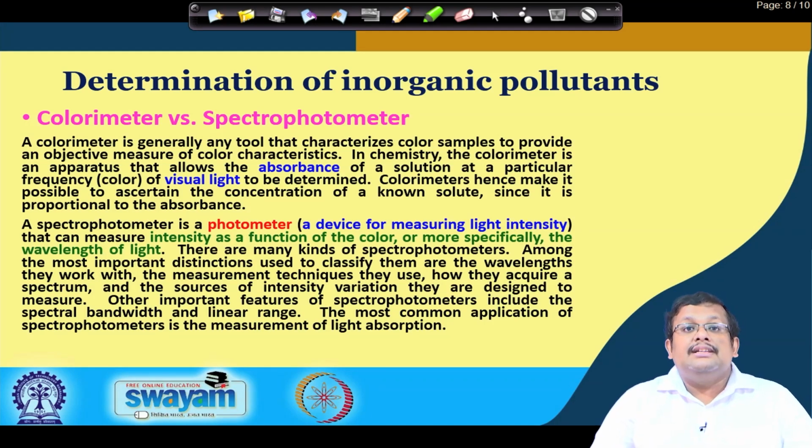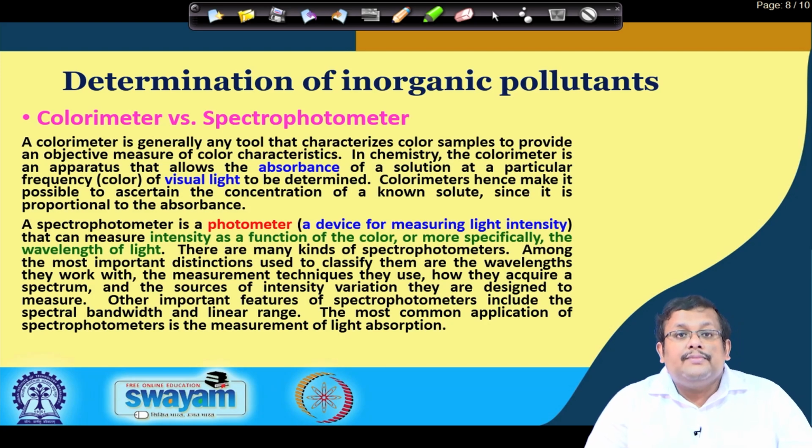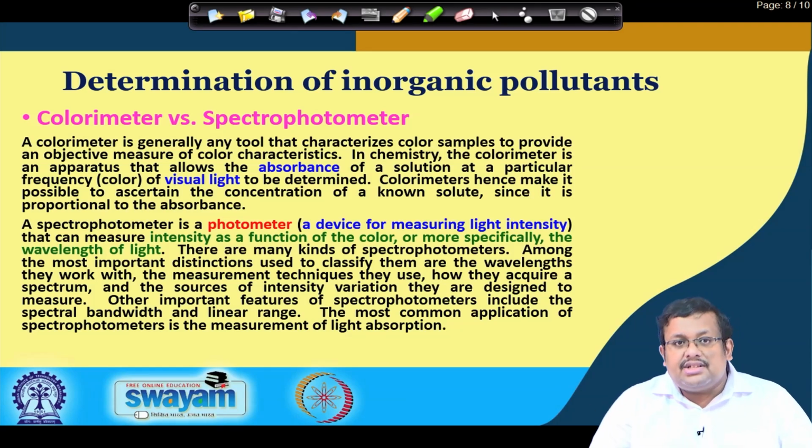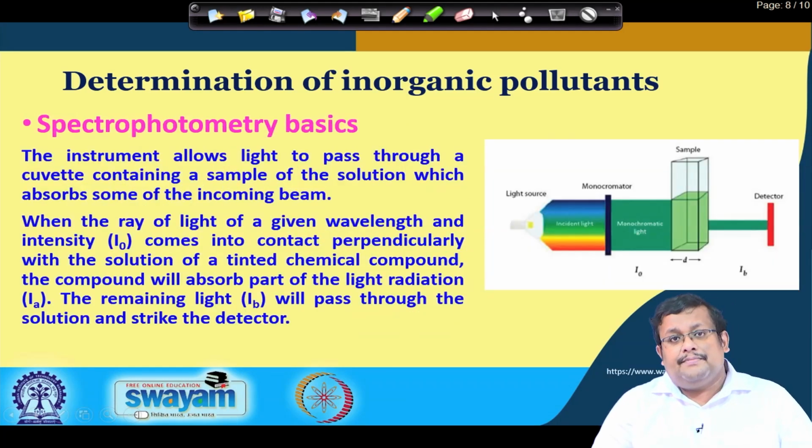Among the most important distinctions used to classify them are the wavelengths they work with, like UV-Vis spectrophotometer, visible spectrophotometer and so on, and the sources of intensity variation they are designed to measure. These are some important considerations. Other important features of spectrophotometers include the spectral bandwidth and linear range. The most common application of a spectrophotometer is the measurement of light absorption.